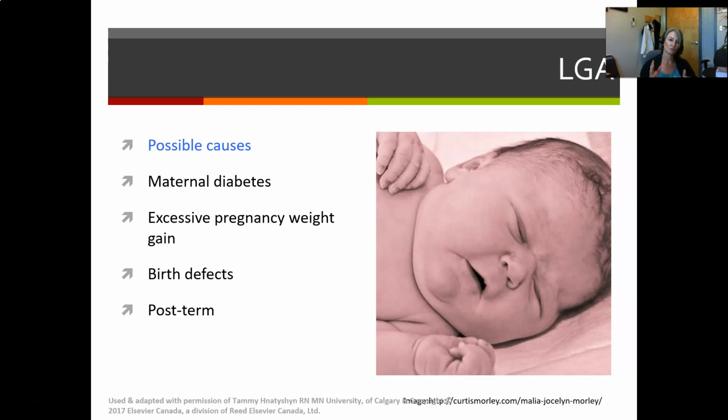So as soon as they're born and they're no longer getting all that glucose through the blood supply, through the placenta, they can crash because their set point for how much insulin they set up is really high to deal with that high glucose. Now that high glucose isn't there, but they've still got high insulin levels.